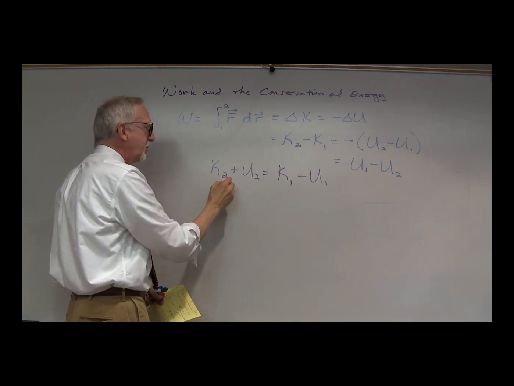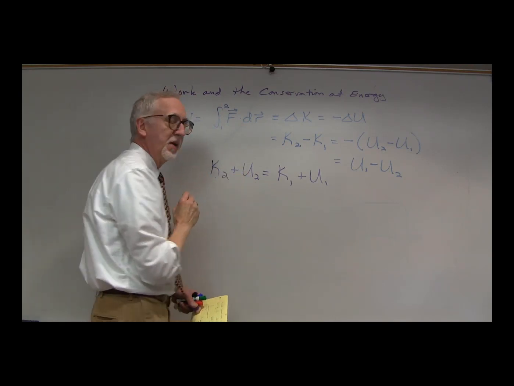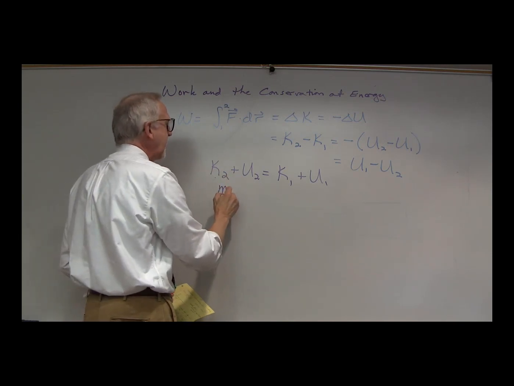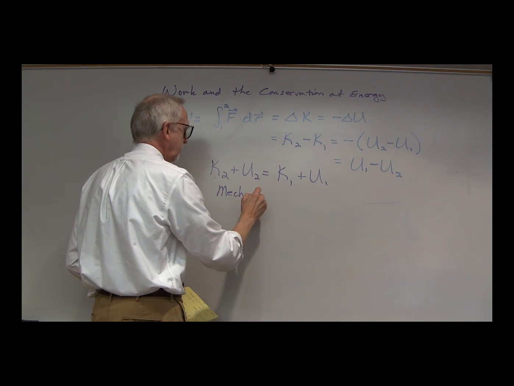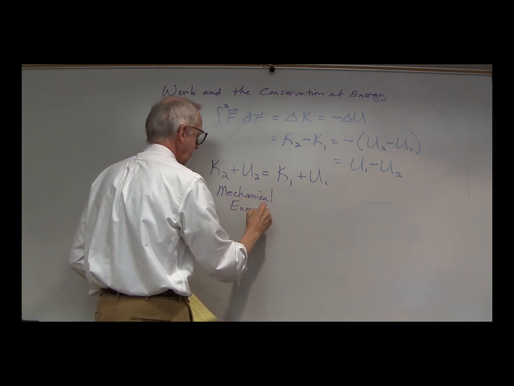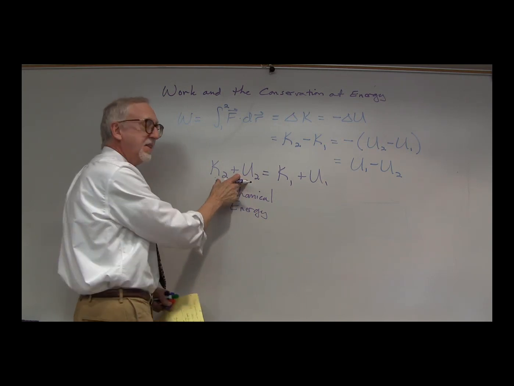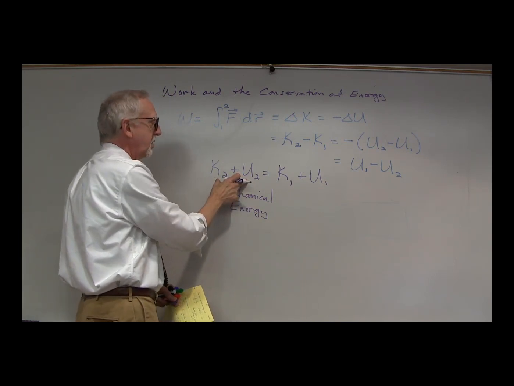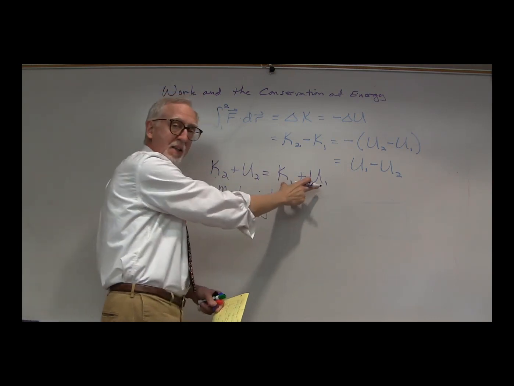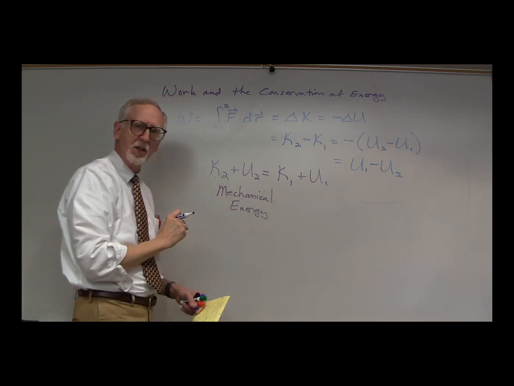Here we have the sum of the kinetic plus the potential energy. This is what we call the mechanical energy. And this is the mechanical energy evaluated finally, and that's equal to the mechanical energy evaluated initially.